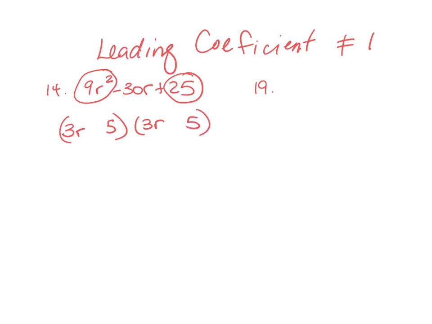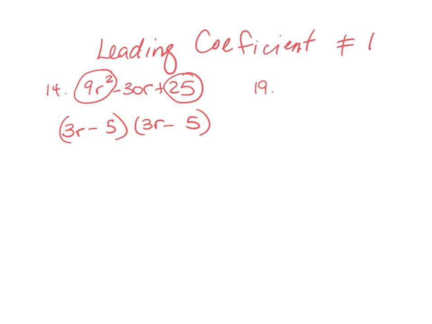And now since it has to be negative in the middle, they both have to be negatives because they have to be positive when you multiply and negative in the middle. You understand that?